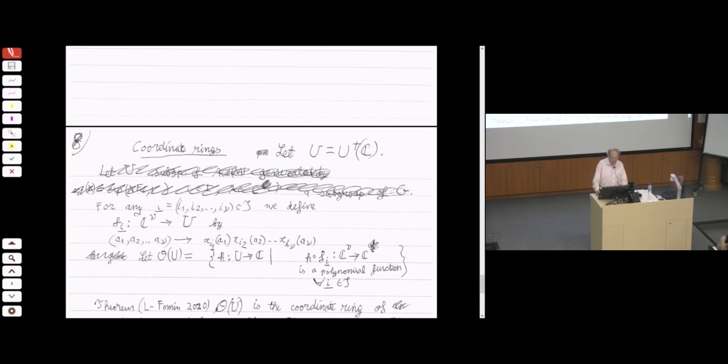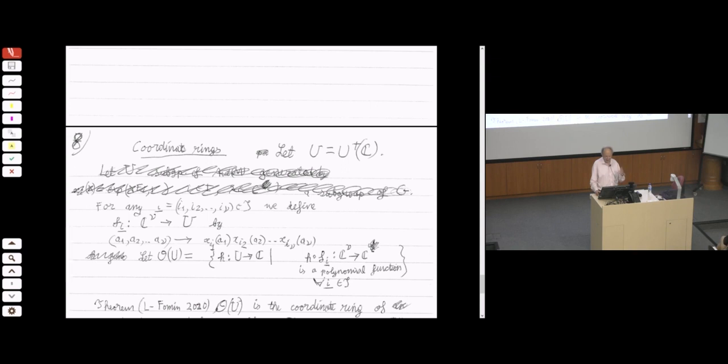So anyway, what I want to say is that this upper triangular part of the Lie group U is supposed to be an algebraic variety. So it's supposed to have a coordinate ring. There has to be a notion of regular function, and those form some algebra.